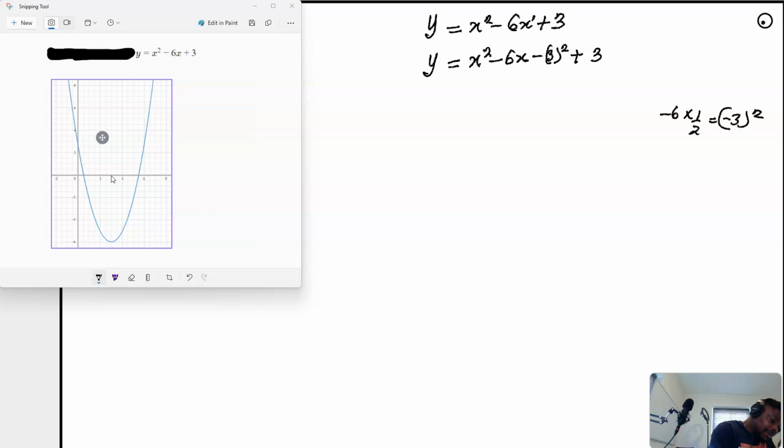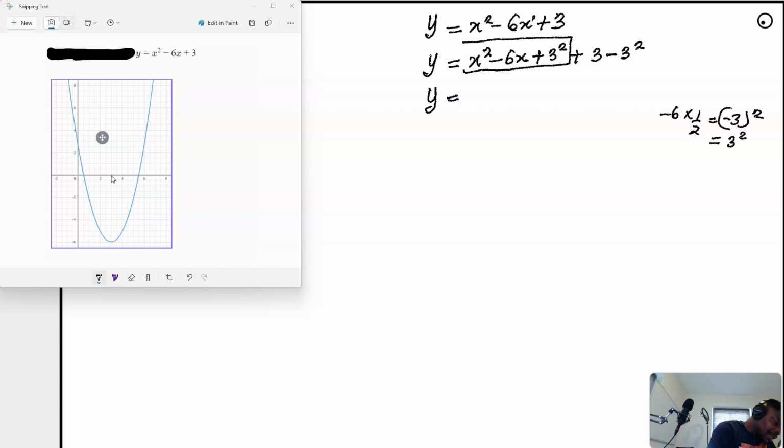Then here, let me make it easy for you. So remember, minus 3 squared is still 3 squared because minus times minus is plus. So I'm adding 3 squared. But remember here, you will subtract, as we said. So y is equal to this one here.